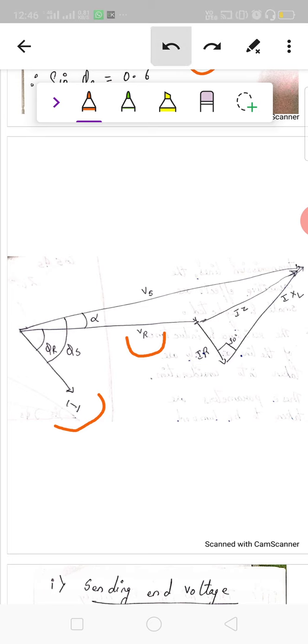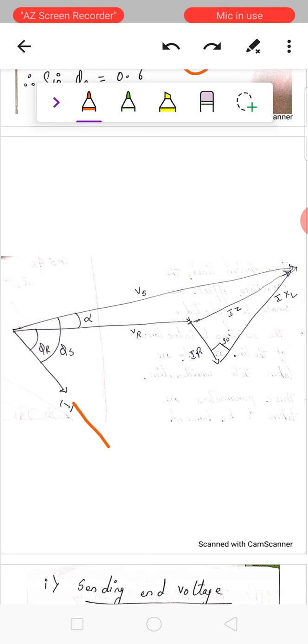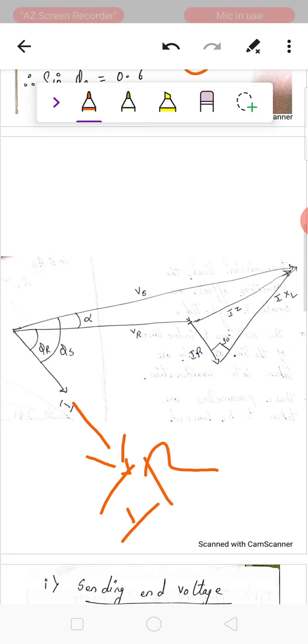So this line I have drawn here, the drop across the resistor, capital I into R, the same line I have drawn here. You can see this line is that IR, right?